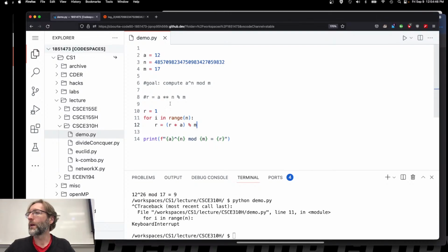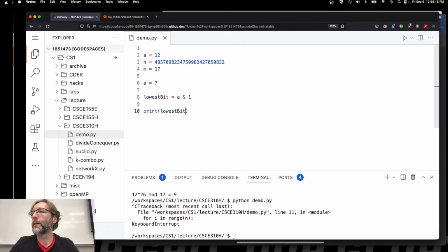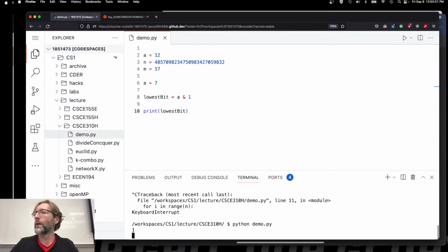What I mean by bit twiddling is something like this. If I've got, say, a is equal to 7, what is that in binary? 1, 1, 1, right? If I'm going to check the lowest order bit there, I can say lowest bit is equal to a, masked with 1, and then print lowest bit. 1.